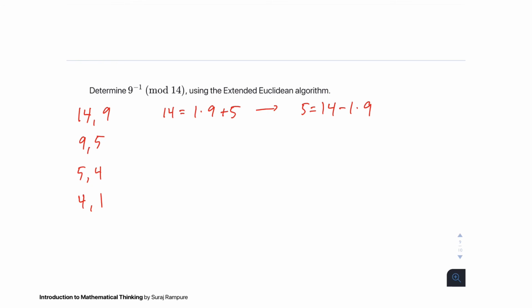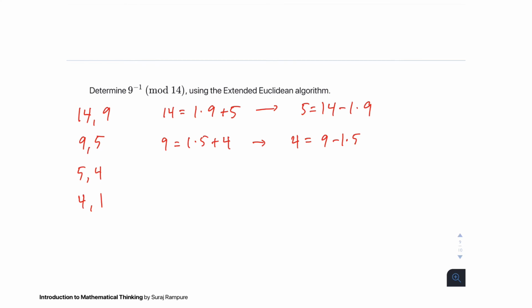Good. What can I write relating 9 and 5? Any ideas? Yeah. 9 equals 5 times 1 plus 4. Good. And I can rearrange in terms of the remainder to get 4 is equal to 9 minus 1 times 5. Relating 5 and 4. What's the expression I can write relating 5 and 4?